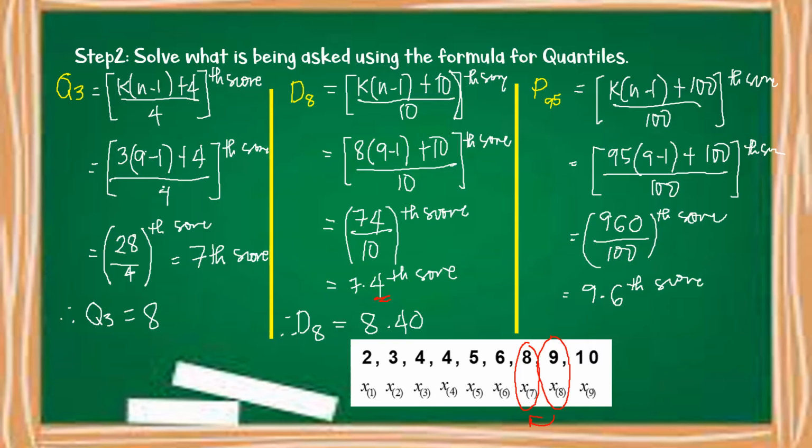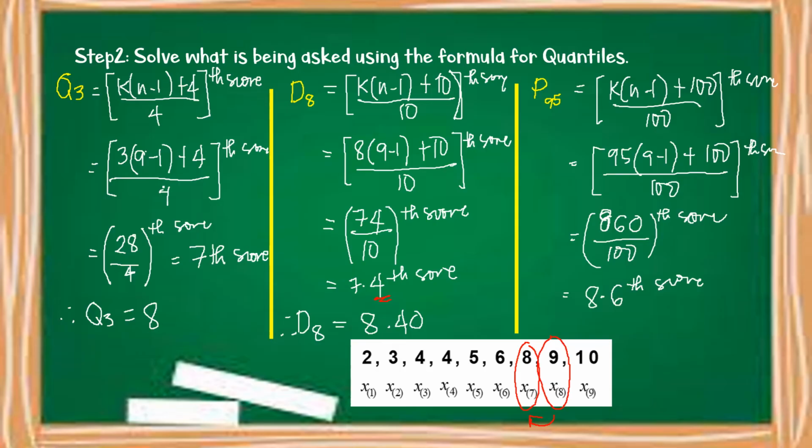Same procedure, you need to get the, am I correct? It's 760, not 960. Oh, it's 860, sorry. So 9 minus 1 is 8 times 95 is 760 plus 100 is 860. So this is 860. So 8.6.